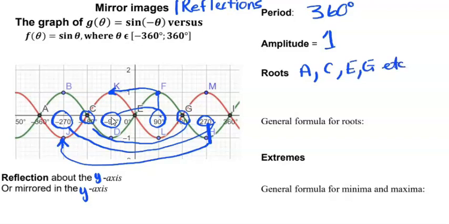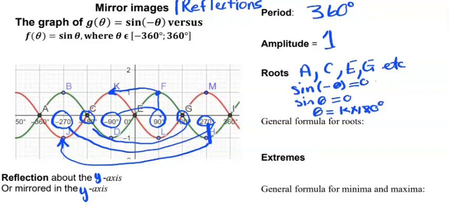And the general formula for this: if I take sine theta and solve sine of minus theta equal to 0, then if I first solve sine theta equal to 0, I get theta equal to k times 180 degrees. And you can check here 0, 180, 360.